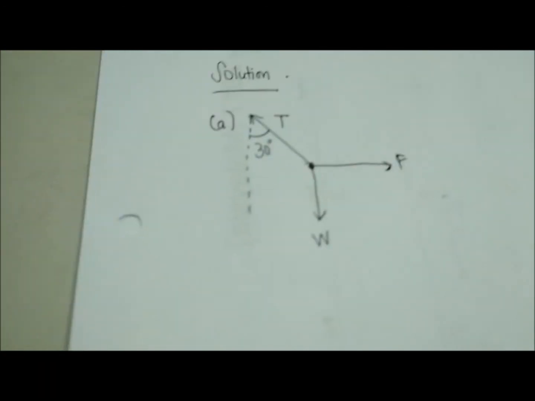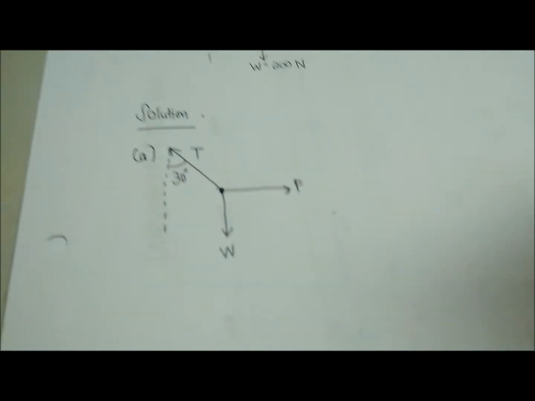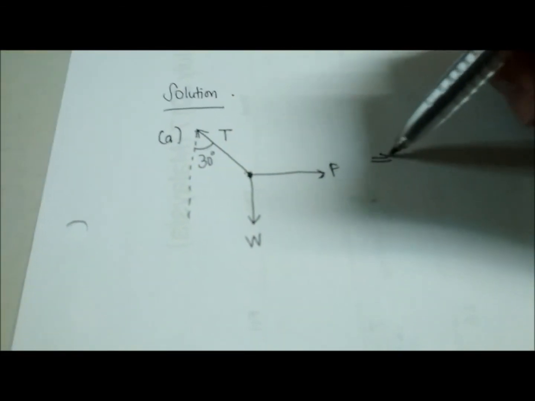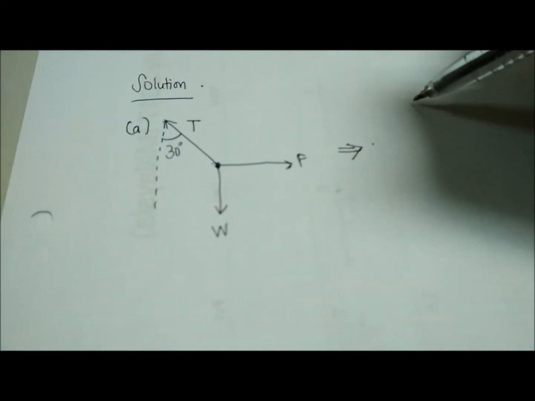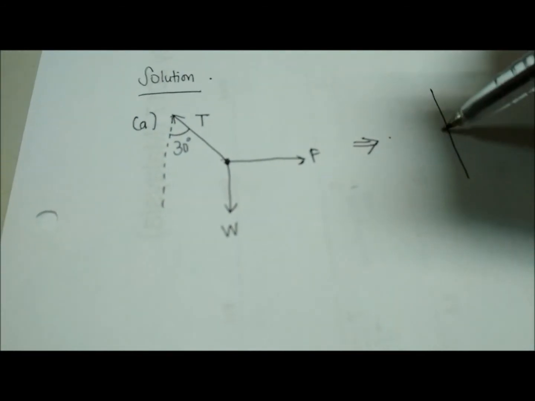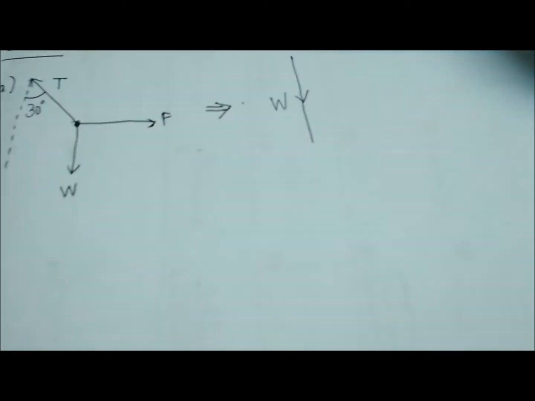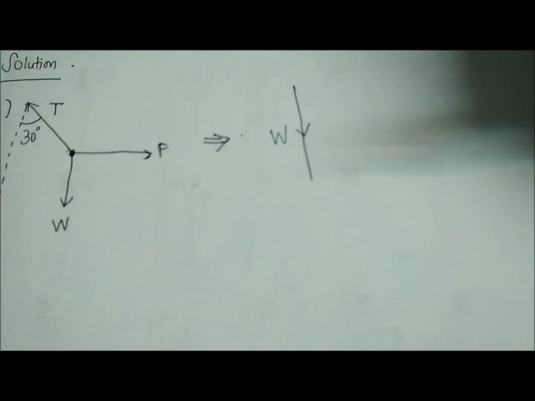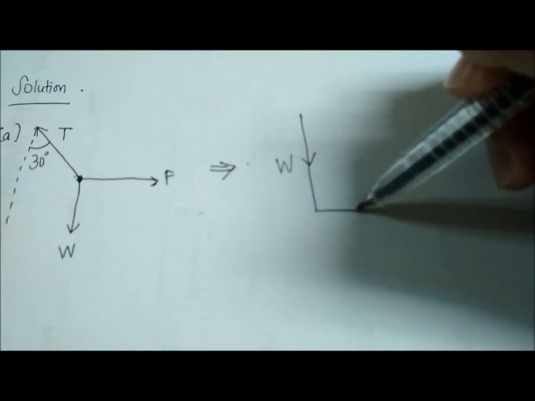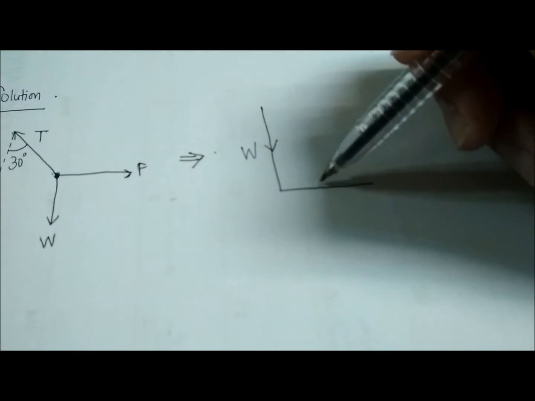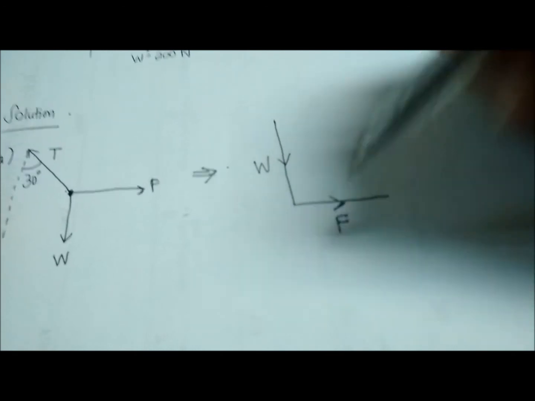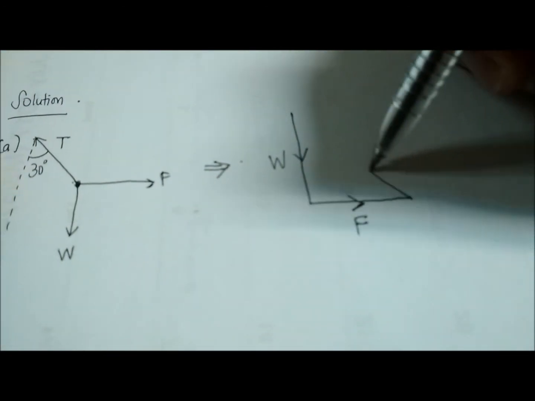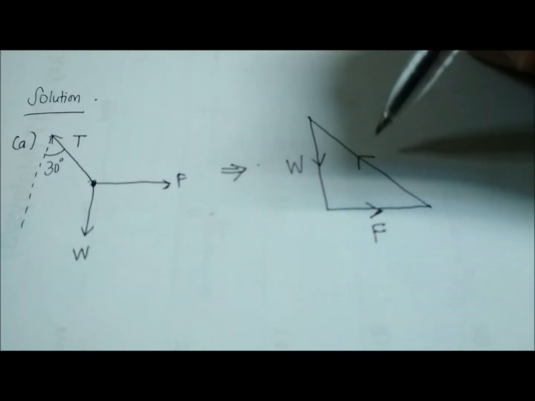Now we want to form a closed triangle. So going down is W. Going to the left is F, and then going this way is the tension.